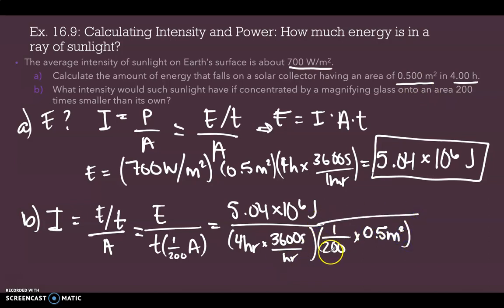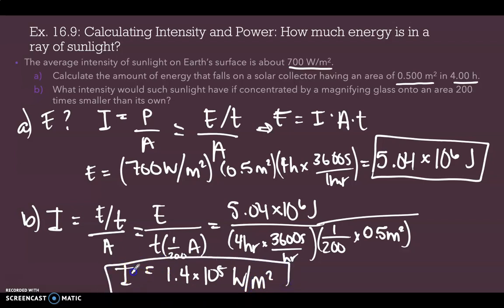So again, it's 200 times smaller than that original area. I plug that into my calculator and I get 1.4 times 10 to the 5th watts per meter squared. So this is my new intensity. I can call it I prime.